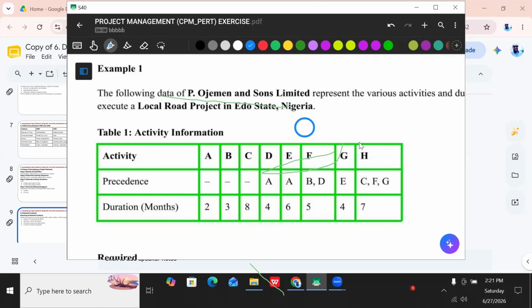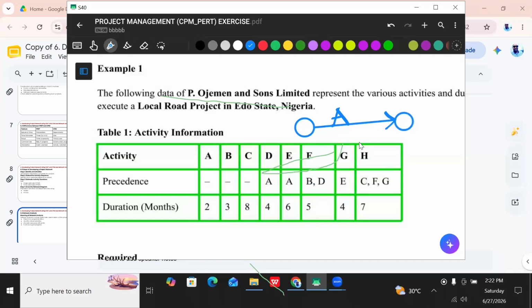And your activity is the arrow. This is your activity. Usually, this is the tail of the arrow, and this is the head of the arrow. You cannot draw an activity this way and stop. To make sure that your activity, let us say this is activity A, is well drawn, you must close activity A on the other end.